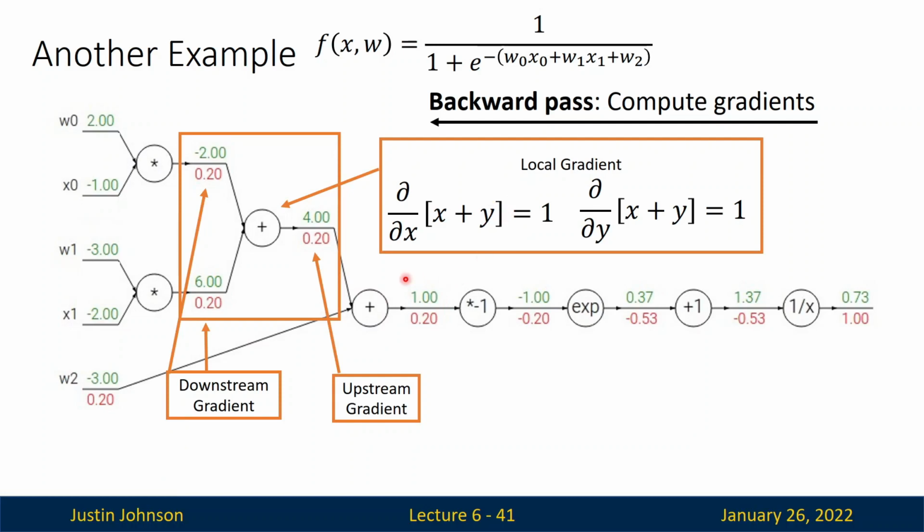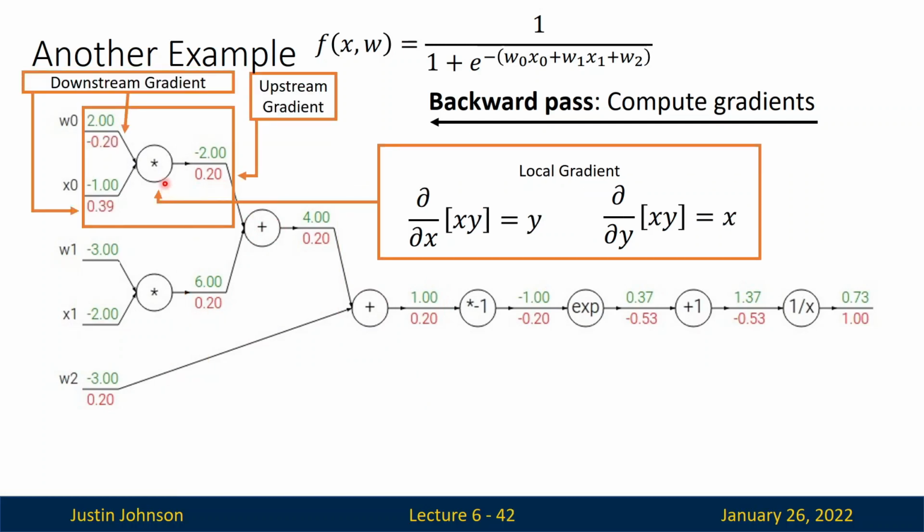And this is also another addition operator, so the value doesn't change, also negative 0.2. Okay, so here this is the multiplication operator. The local gradient for variable x is y. So here, y is 2.0 times the upstream gradient negative 0.2. The result is negative 0.4.